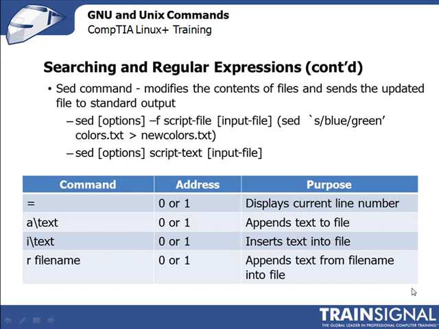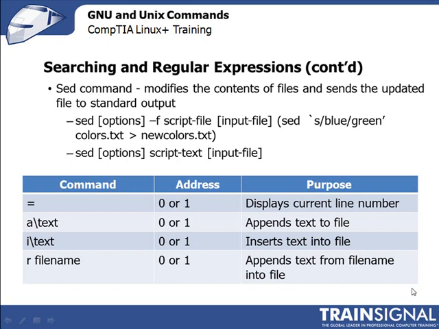It might read sed space backtick s, which represents a regular expression, /blue/green, followed by the trailing tick, space colors.txt, greater than symbol, space newcolors.txt, which says we're going to look in the colors.txt file, and we're going to swap out the word blue for green, and we're going to write that to a new file that's called newcolors.txt. Let's take a look at some options that go along with this command.